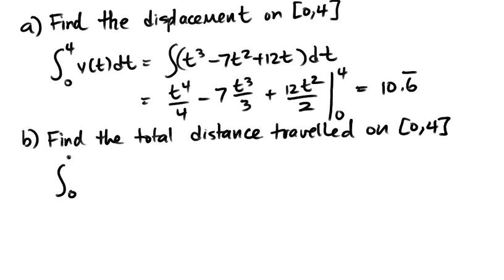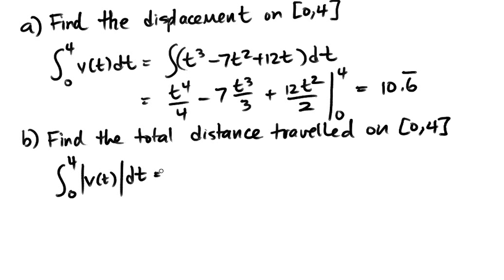When we take our integral from 0 to 4 of the absolute value of v of t dt, there's times when the velocity function was positive and when it was negative, and the absolute value is going to make it always positive. We don't have any way of integrating absolute values, so what we have to do instead is break it into the parts that were positive and that were negative.